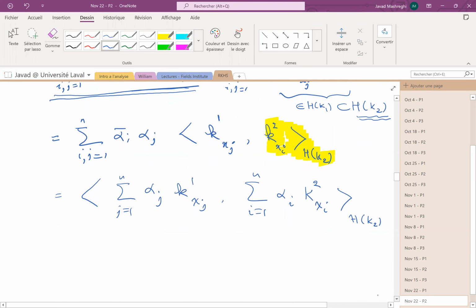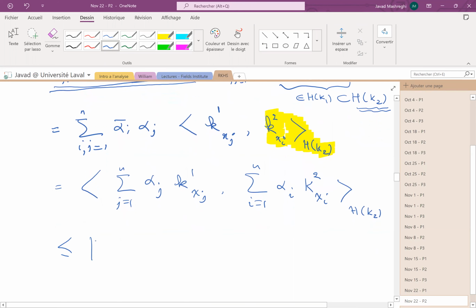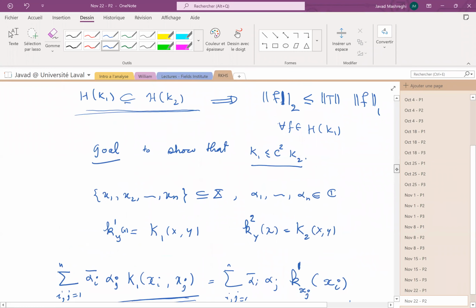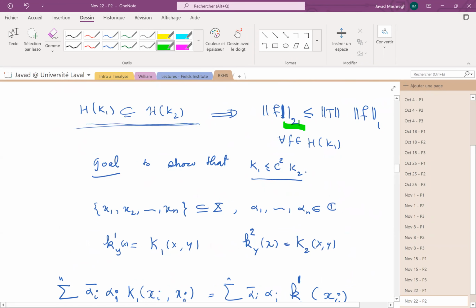So apply Cauchy-Schwarz. It's less than or equal to the norm of this times the norm of this, both norms in the second space. And now it's time that I need this inequality, which I already proved.